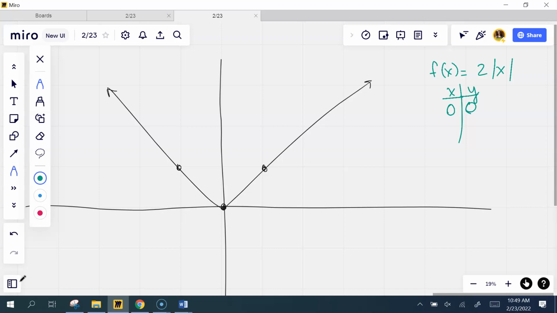Now let's go 1 up, 1 down and see what happens. Let's go negative 1 and positive 1. When it's 1, what's my y value? 2. When it's negative 1, what's my y value? 2. So instead of (1, 1), it's now (1, 2) and (negative 1, 2).